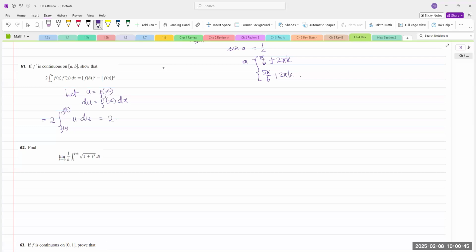Which is 2 times 1/2 u squared from f(a) to f(b), which is u squared from f(a) to f(b). That is f(b) squared minus f(a) squared. I just wonder why they don't write it this way though. The following is actually a common way to write that expression. Okay, that's for number 61.